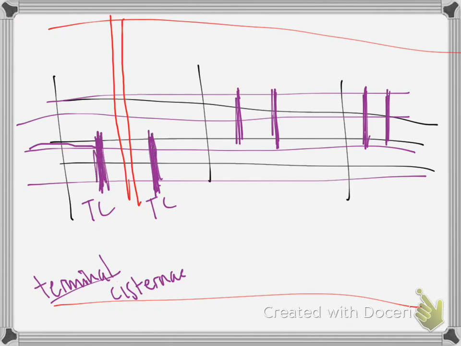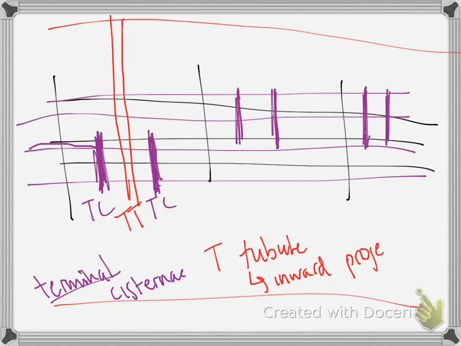And then in between those are something called a T-tubule. So T-tubule. And all this is an extension, an inward projection of our sarcolemma. So you can see up top, you can see the sarcolemma, and you can see it indents like this. So it makes this hollow tube in there.